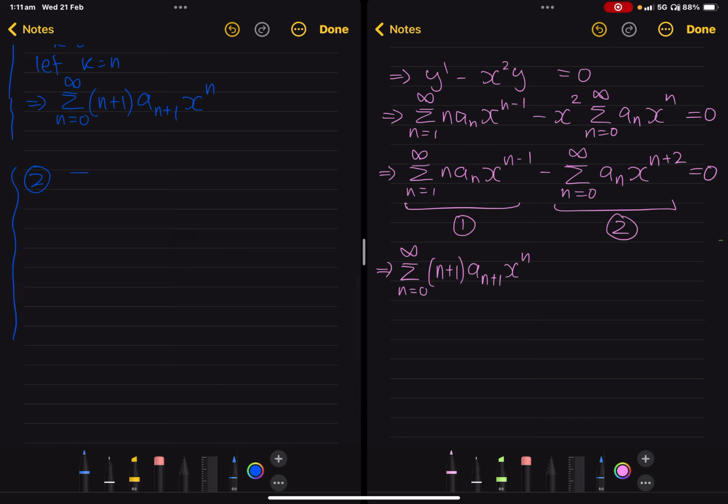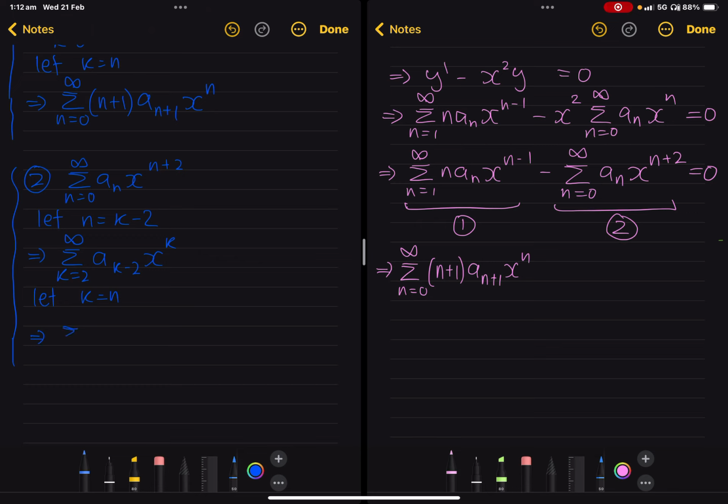Now we need to do our second one, which we'll do over here. So we have the sum from n equals 0 up to infinity a n times x to the n plus 2. So here we need to let n equal k minus 2 to cancel the plus 2 in the power. So this gives us the sum from k minus 2 equals 0, well that implies k equals 2 up to infinity, of a subscript k minus 2 times x to the k, and then we're going to let k become n.